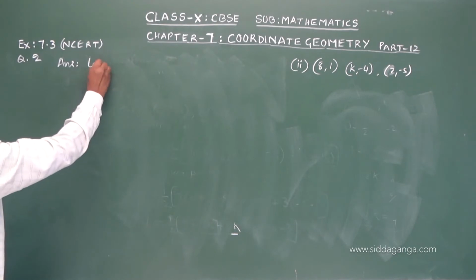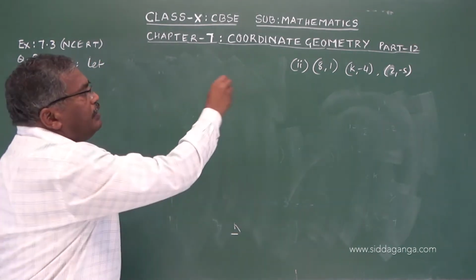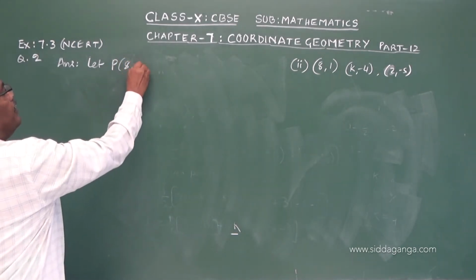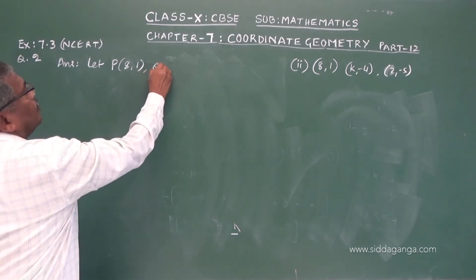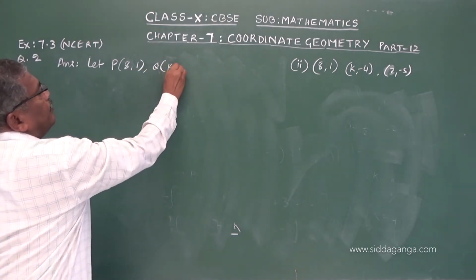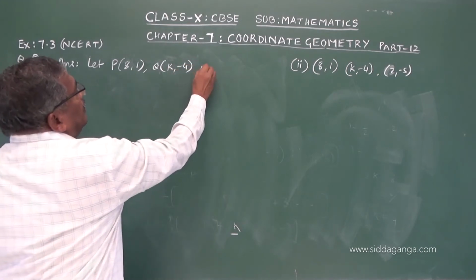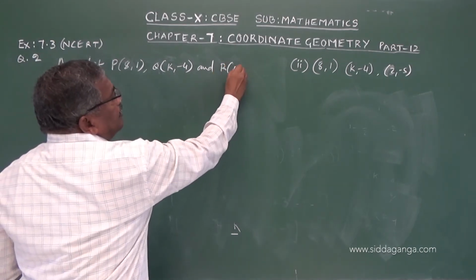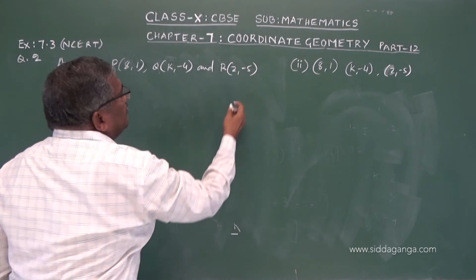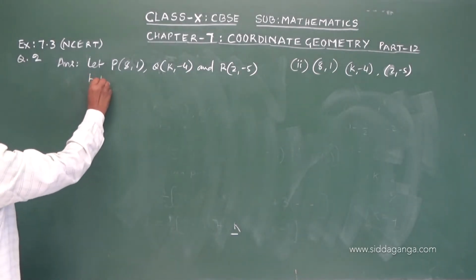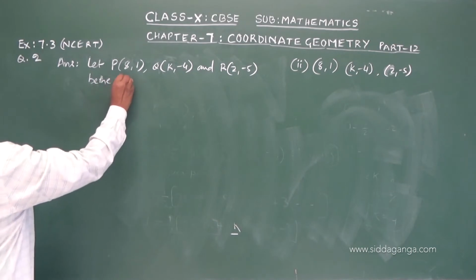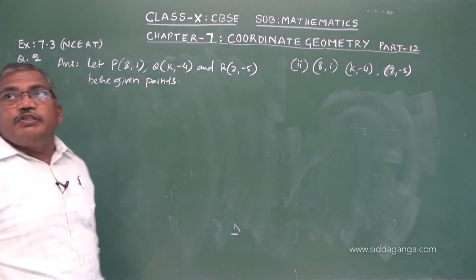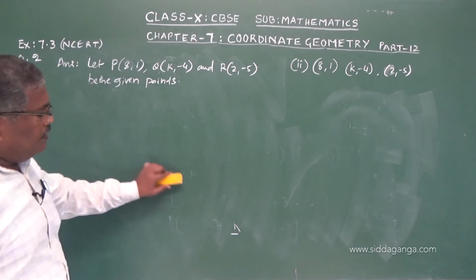Let P(8, 1), Q(k, -4) and R(2, -5) be the given points. So now these are the 3 points given.